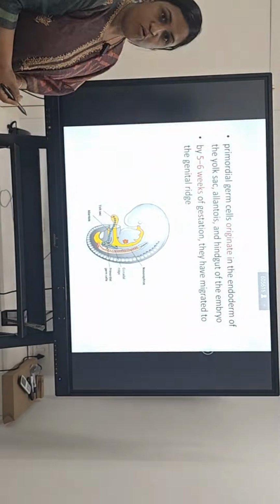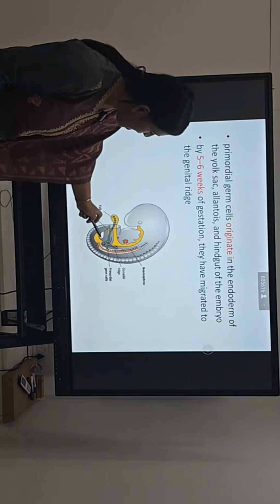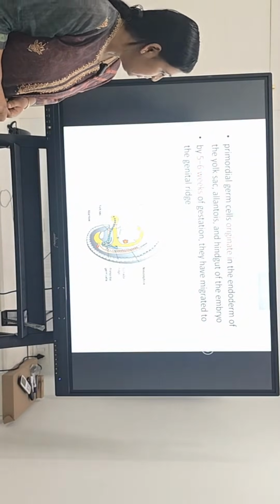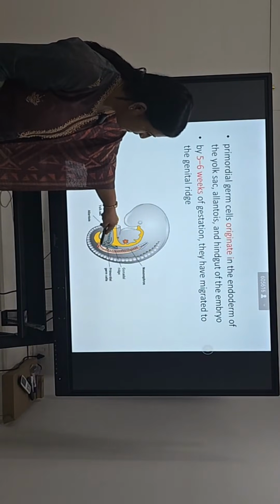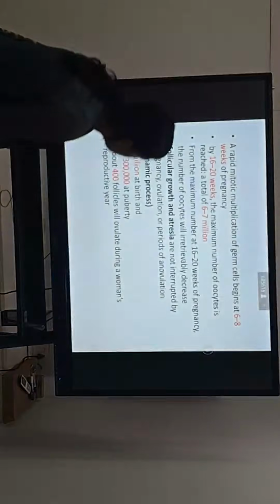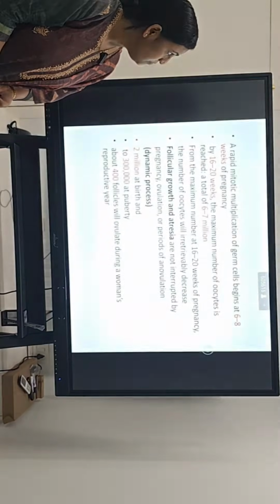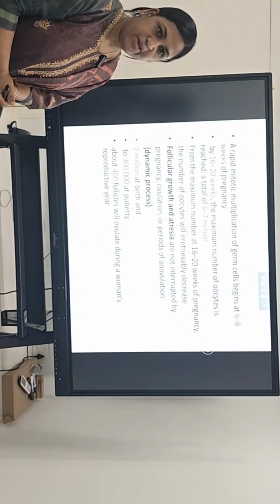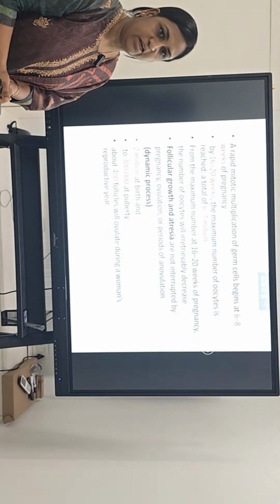Primordial germ cells originate in the endoderm of the yolk sac, allantois, and hindgut. By 5 to 6 weeks of gestation, these germ cells migrate to the gonadal ridge in the center of the embryo. At around 6 to 8 weeks, there is mitotic multiplication of the germ cells, which continues till 20 weeks of gestation.